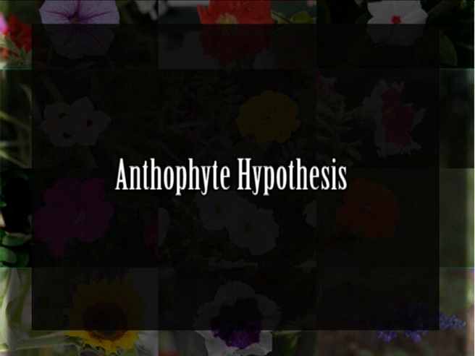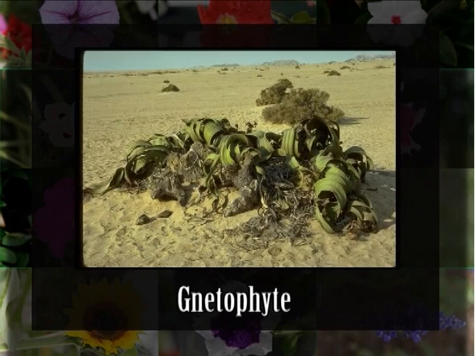Now, let us discuss the Anthophyte hypothesis. In 1986, Donoghue and Doyle proposed that flowering plants were derived from Gnetales. The Anthophyte hypothesis was developed further in later years. However, after reconsidering incongruent molecular, phylogenetic and morphological data, the Anthophyte hypothesis was rejected by the authors in 2000.